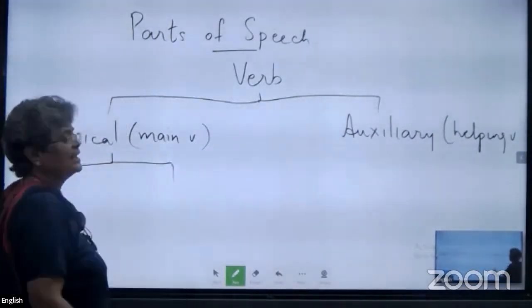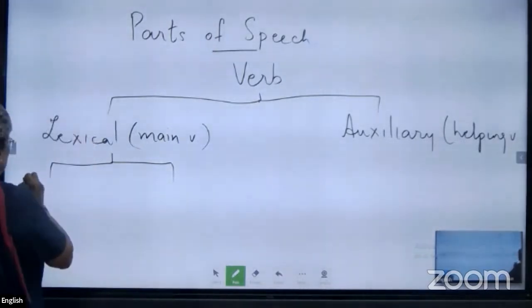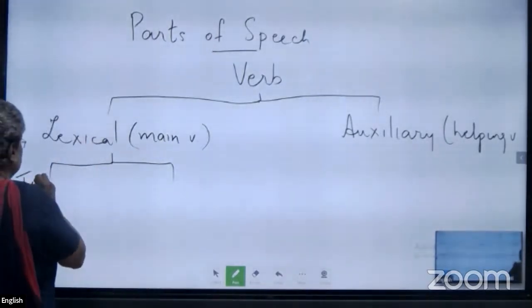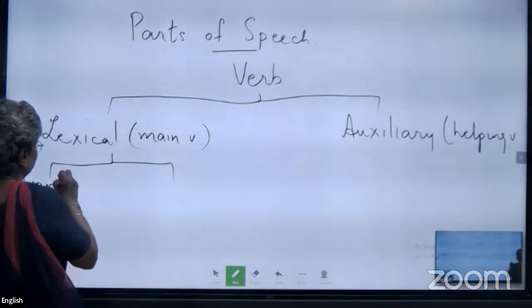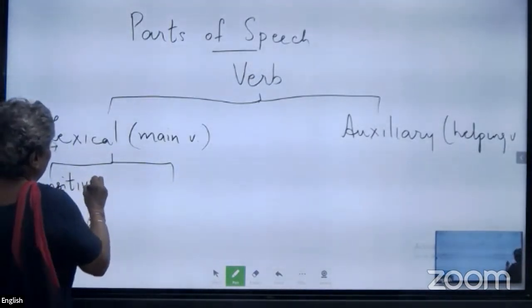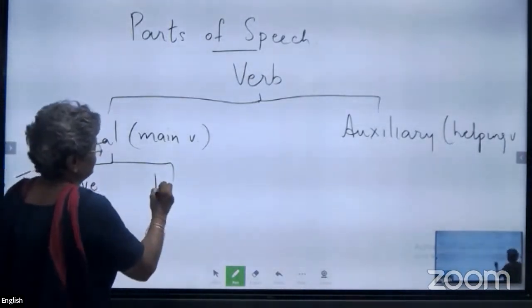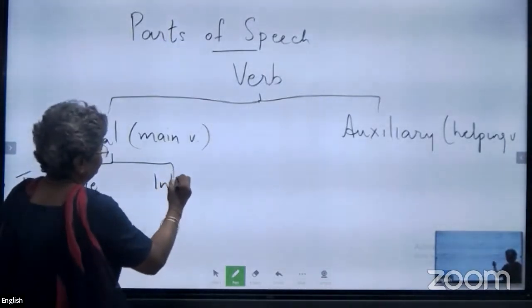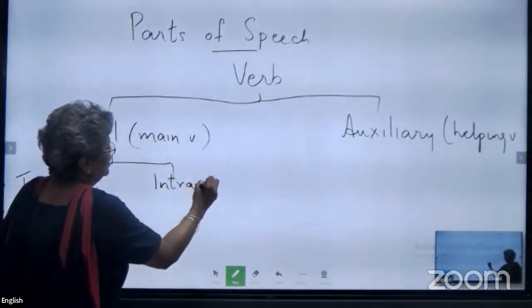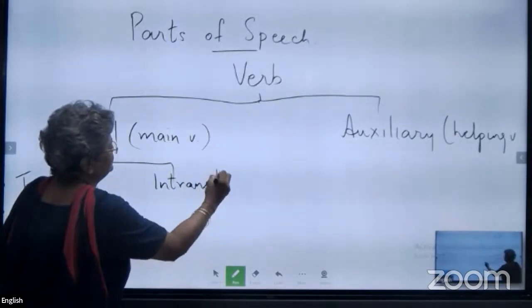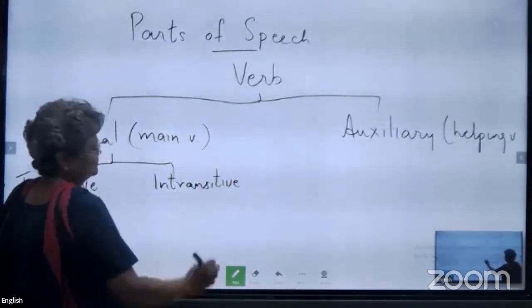And lexical is again divided into two: transitive and intransitive. Now, what do you mean by transitive and intransitive?